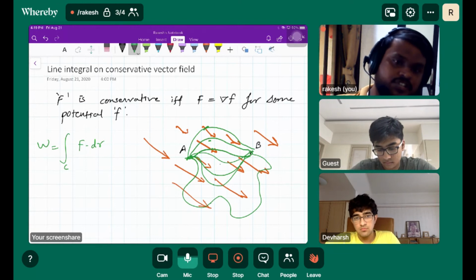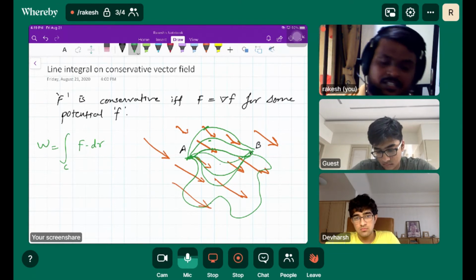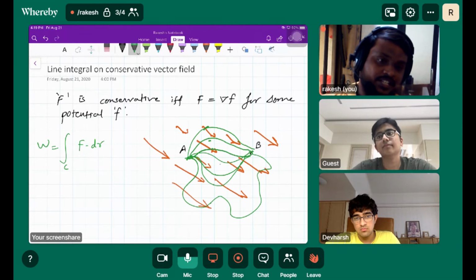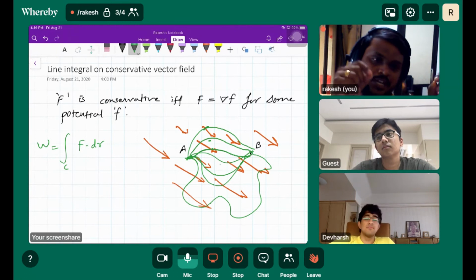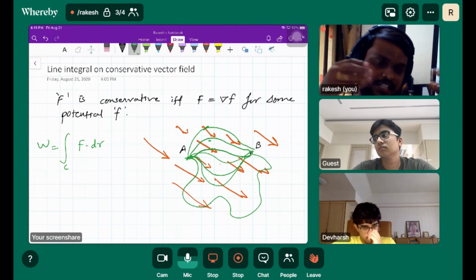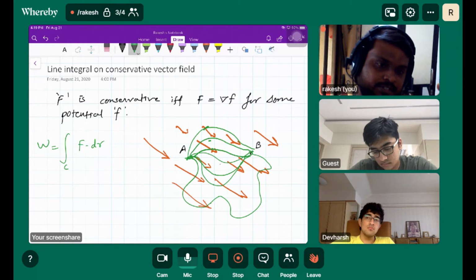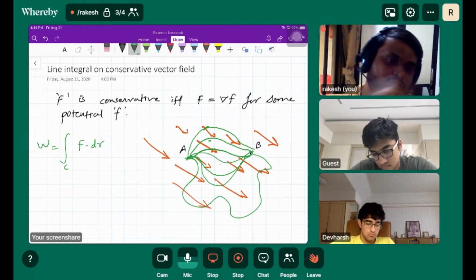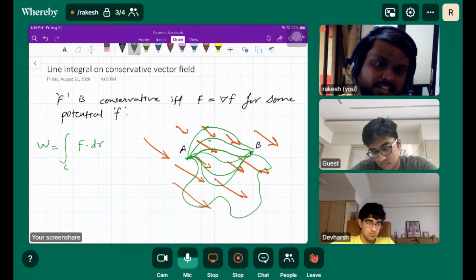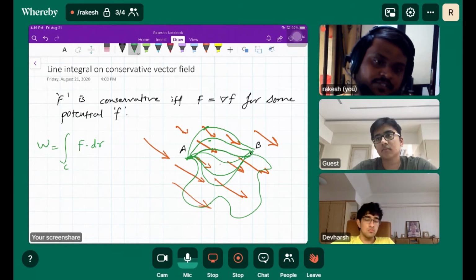It's going to be constant. The only thing that matters is the endpoints. Those endpoints must be the same. Unless the endpoints stay the same, the work done is constant, no matter which path you choose. Did you understand? This is the advantage of having a conservative vector field.